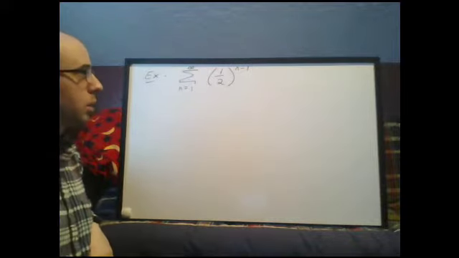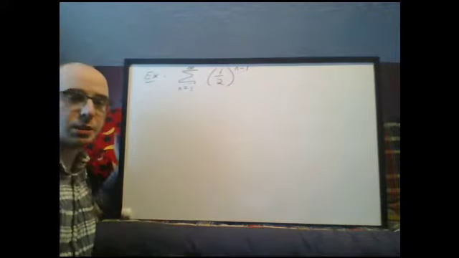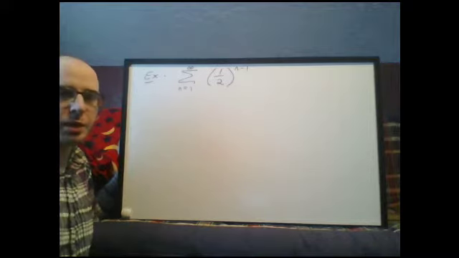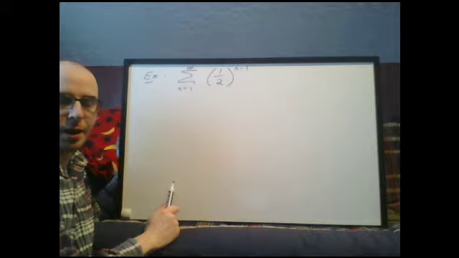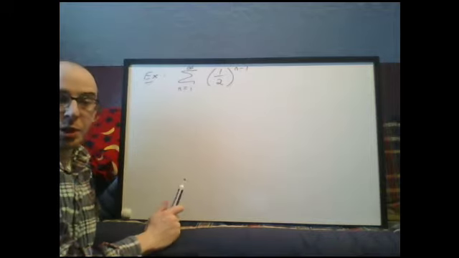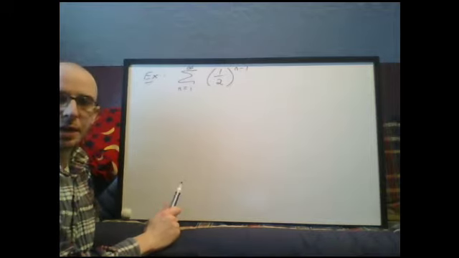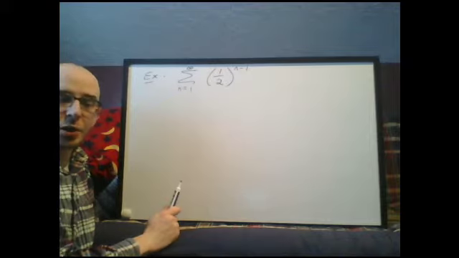We want to answer two questions. The first question is: is this series convergent or divergent? If it's divergent, that's all we have to say. The series is divergent. If it's convergent, then there's a follow-up question: what is its value?